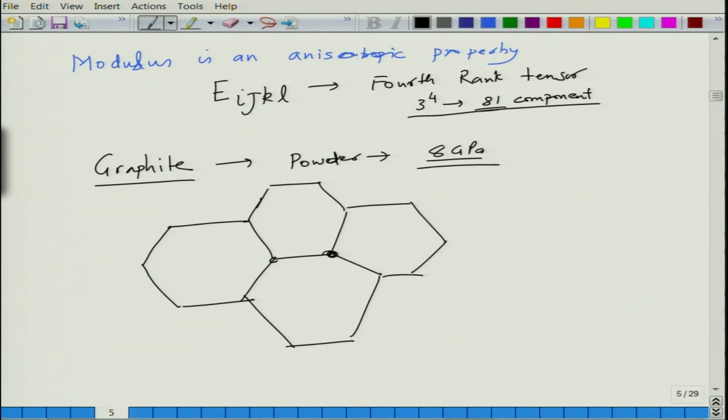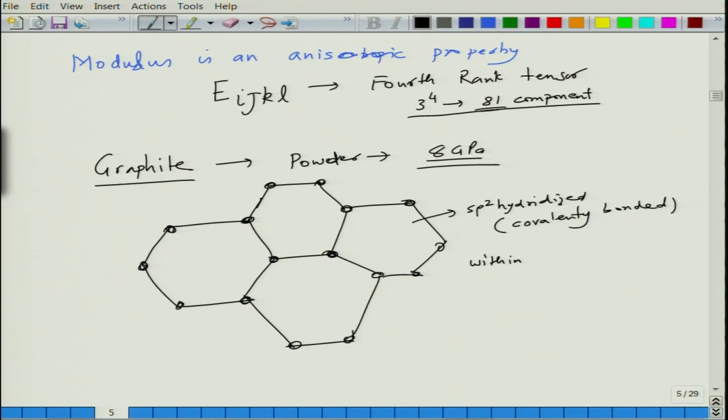So, these are all carbon atoms. We are looking down the graphite layer. So, within the plane, these are all sp2 hybridized and covalently bonded.